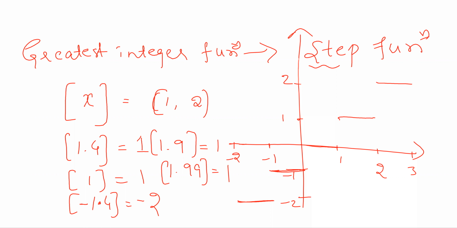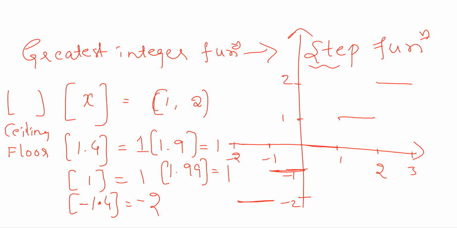Actually, along with the greatest integer function, we will define two more. I'll mention them later if they come up. One is the ceiling function, I'll just mention the name, and one more is the floor function.